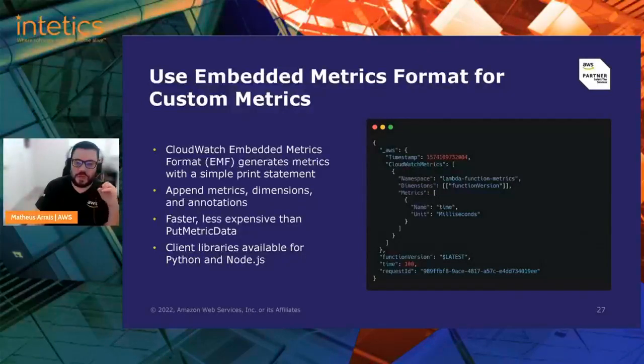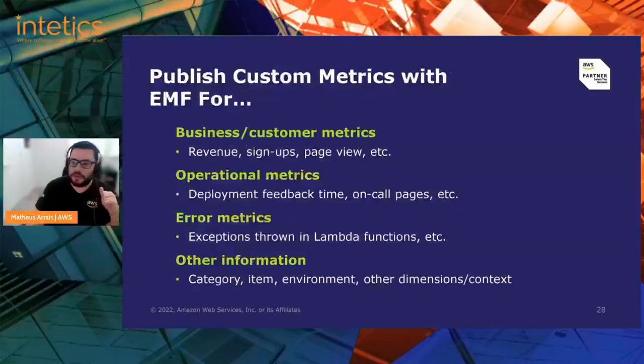As you can see on the right, this is an example of a better visualization, or kind of a schema, of the log that is more appropriate for this kind of example. So what are the things that you can do with EMF?